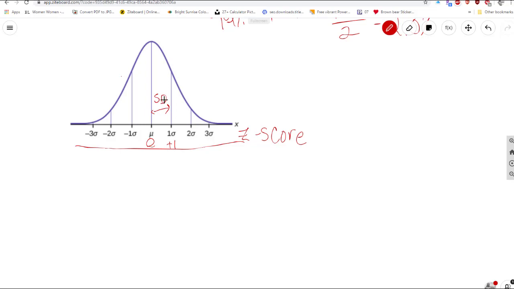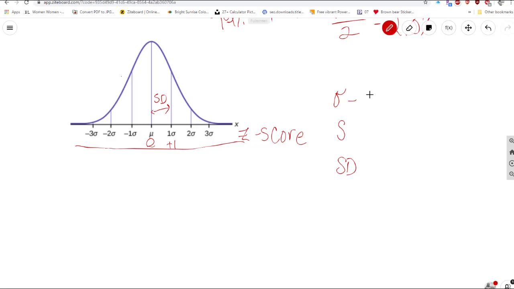Now you can see standard deviation abbreviated different ways. If you're talking about the population standard deviation, you would see it as a sigma. If you were looking at a sample standard deviation, you'd see it as an S, but a lot of times in literature, we just see it as SD. So I've gotten into the perhaps bad habit of using SD, but I do want to make sure that you're aware that there can be other types of notation.